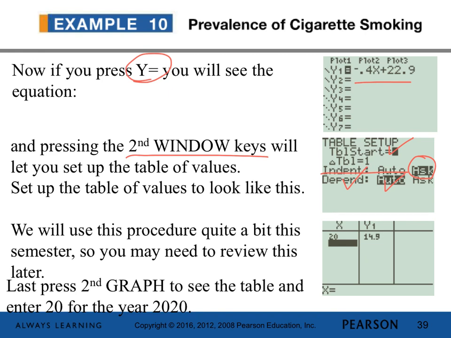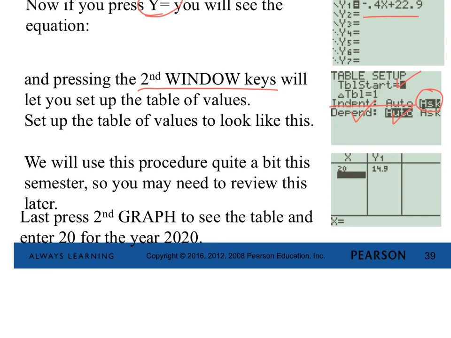We're going to use this procedure a lot this semester, so you want to review this probably later, which is why I made these slides, and I'll also review it in class. The last thing you're going to do is press second graph to actually see the table.